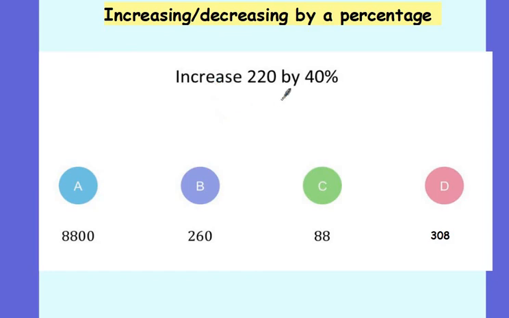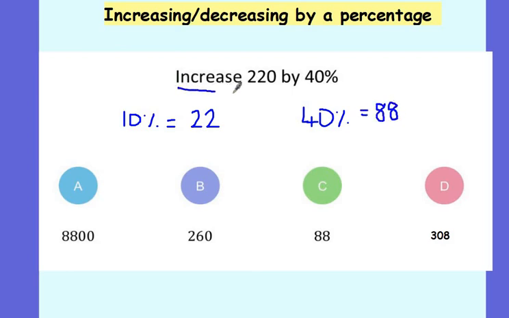I'm increasing 220 by 40%. Pause the video for a minute and work it out for me. Okay, let's go through the answers. If I was trying to find 10% of 220, I'd just divide 220 by 10, which would give me 22. If 10% is 22, 40% is just 4 lots of that, which is going to be 88.